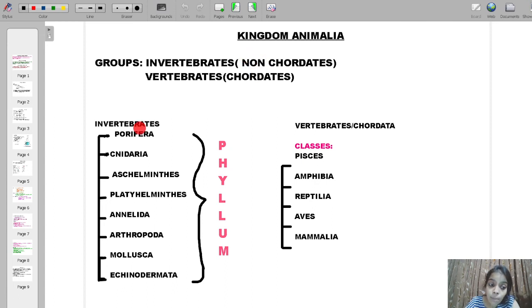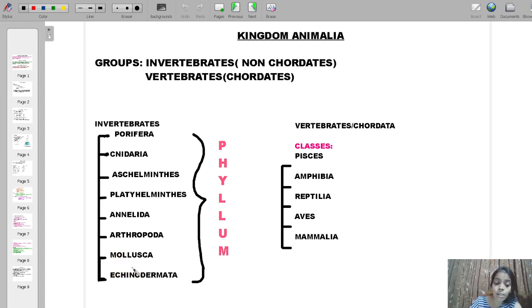Now, invertebrates can be divided into the following phyla. The lowest, most underdeveloped phylum is Porifera, and the most advanced under invertebrates is Echinodermata. We cannot say most evolved, but it has better, more advanced features.